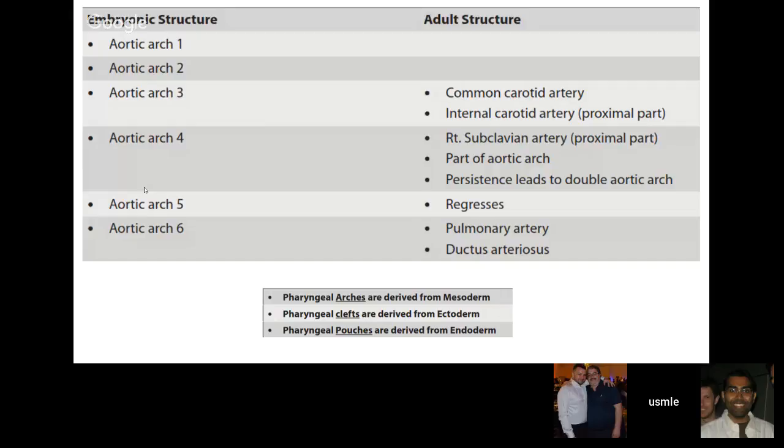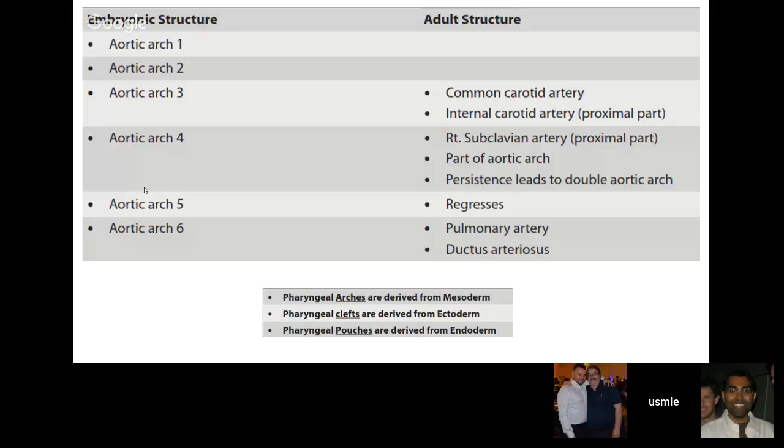The aortic arch itself starts from arch 4, and everything that is going to persist there is going to lead you to the double aortic arch. And then you're going to have arch 6. The 6 goes a bit lower, so it goes to the pulmonary arteries and the ductus arteriosus.